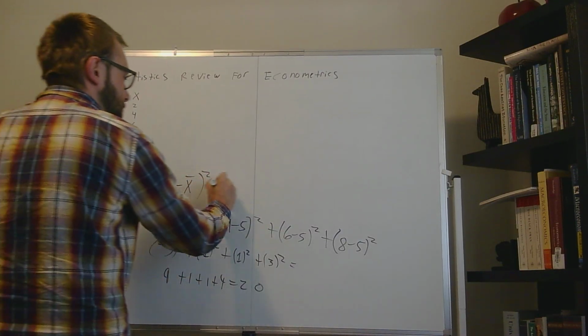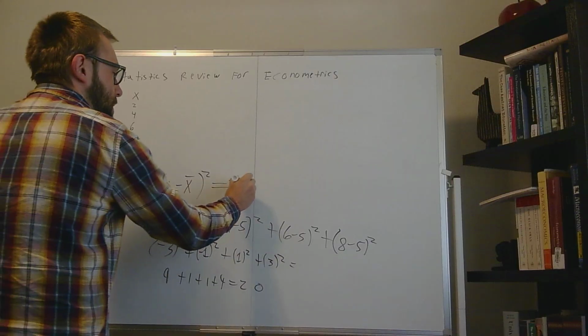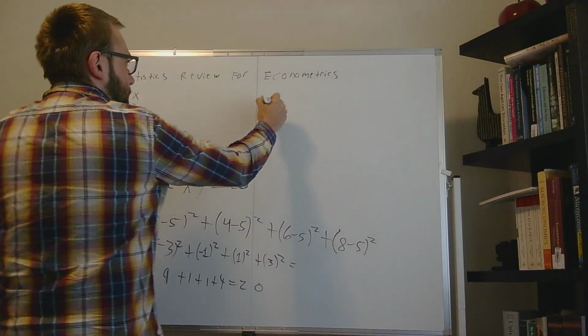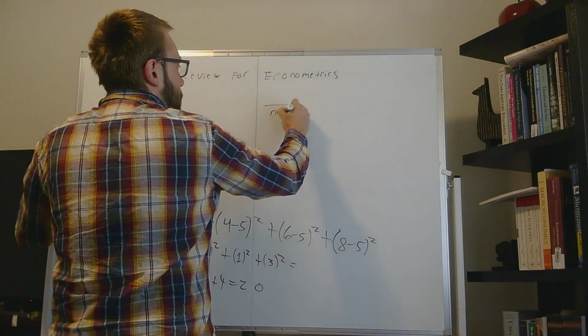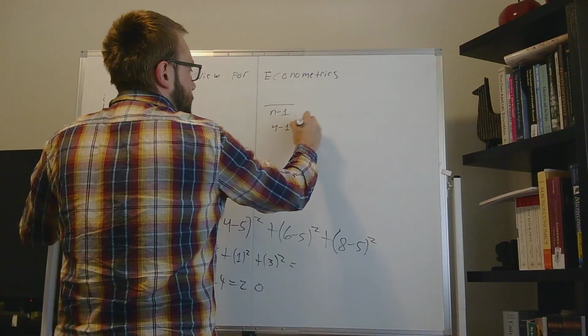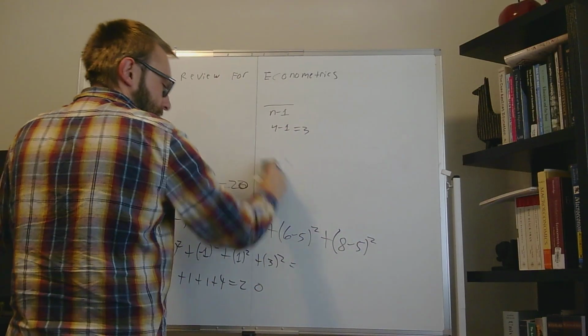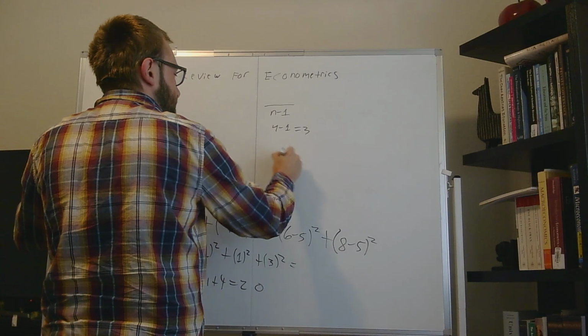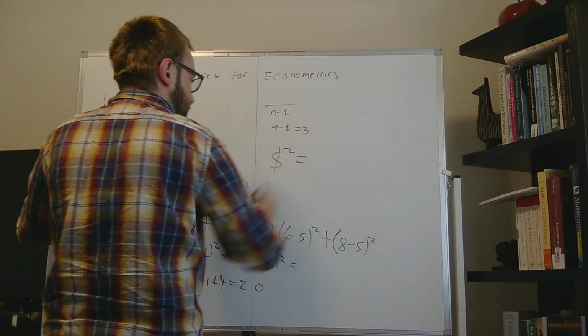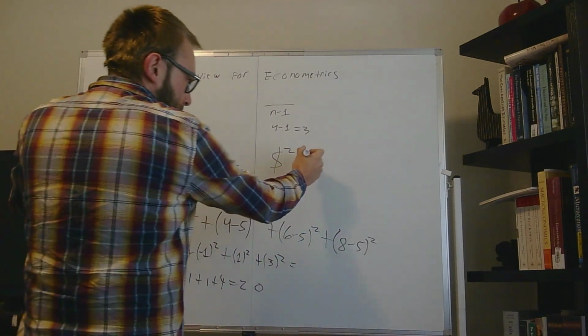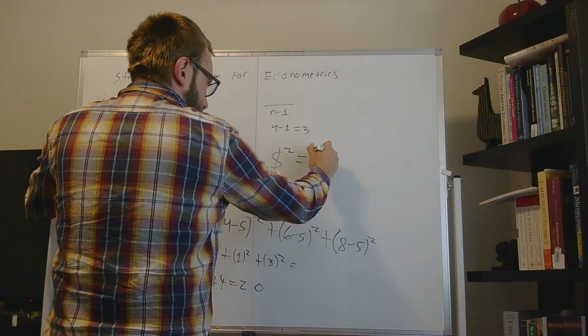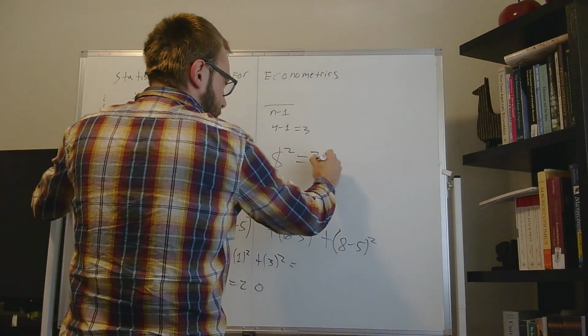That's what this equals. It's 20. And then all we have to do then is divide by n minus 1. So that's 4 minus 1, which equals 3. And so our sample variance is going to equal just 20 over 3.